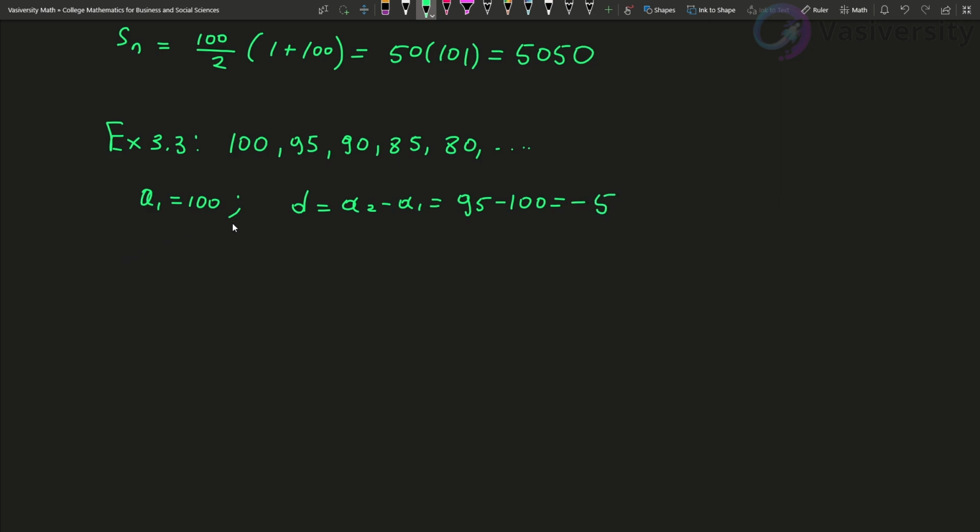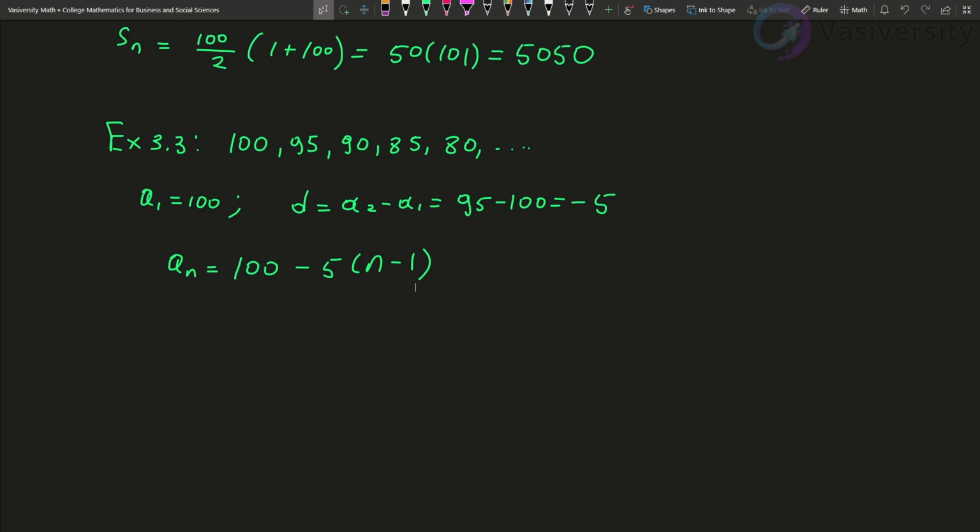Okay, so they all differ by 5. So our a sub n is going to be what? 100 minus 5n, times negative 1. Okay, and of course we can also use the sum. Right now, since we're given that, we can find any of the numbers and any sums, and we can use the formula for the partial sum to find it.